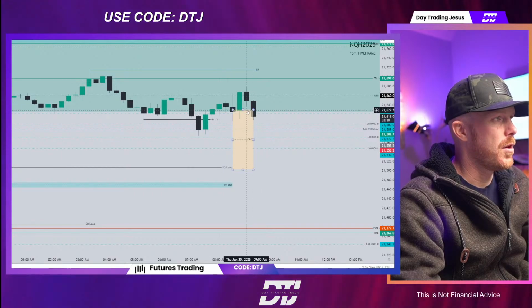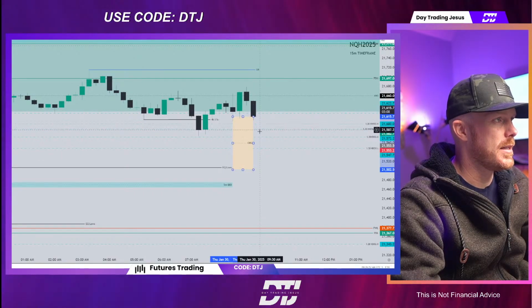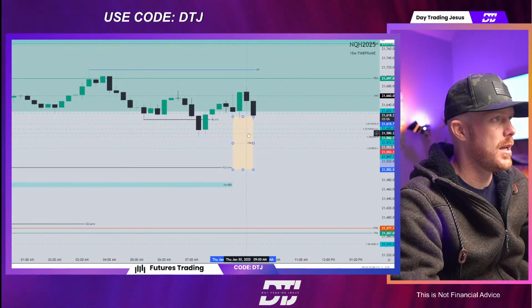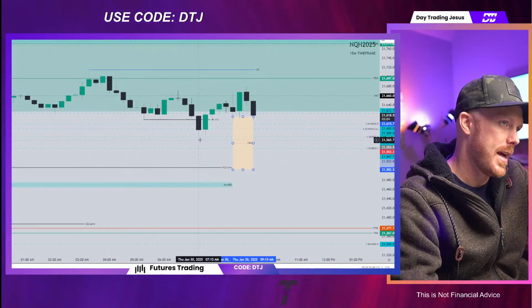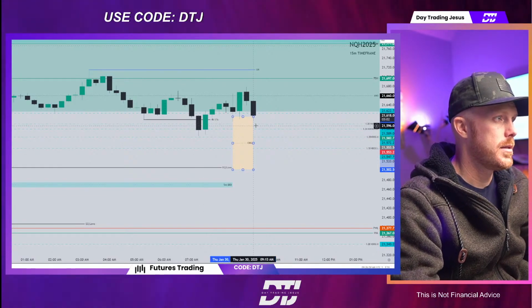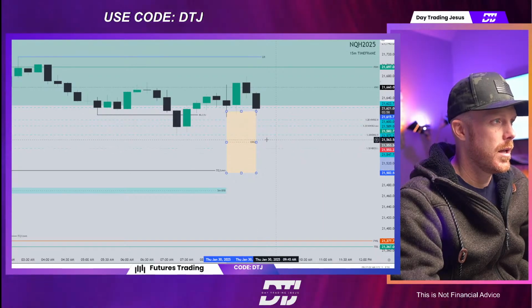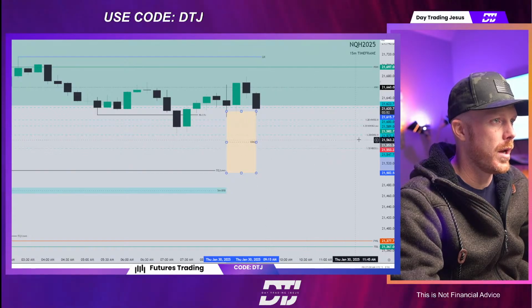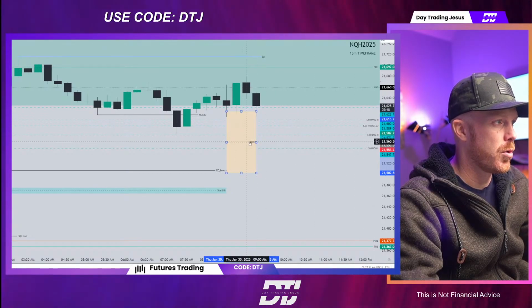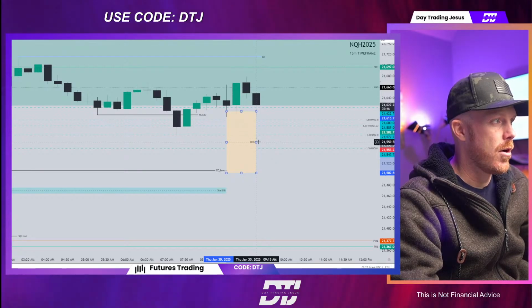We have the opening range gap that is sitting right here. Narrative-wise, what I want to see happen is a move to the downside, ideally to the midpoint of the opening range gap, which would be the midpoint of the new day opening gap from this morning, and see how it wants to respond.